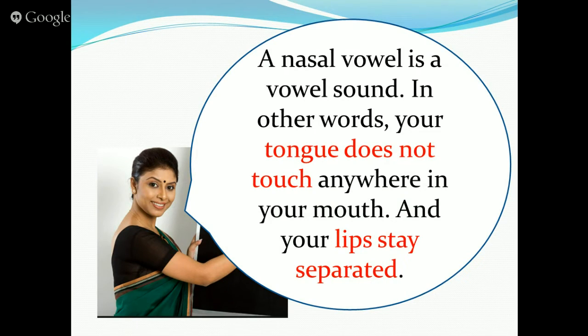Similarly, your lips have to stay separated. You can move your lips, but if they touch, then it will immediately become an M sound. And so anything where your tongue is not touching somewhere, your throat is not contracting and scraping, your lips aren't touching, this is a vowel sound.